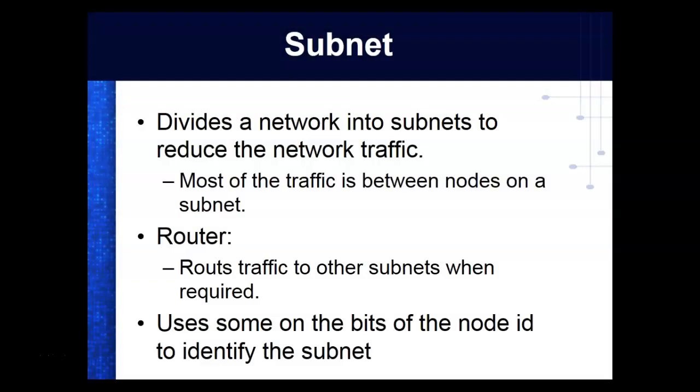A router routes traffic to other subnets when required. So a router would look at the network ID and decide what route to go. As long as the route was in my subnet, then we're okay.